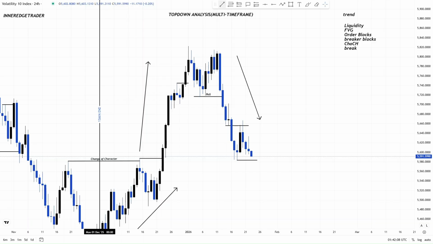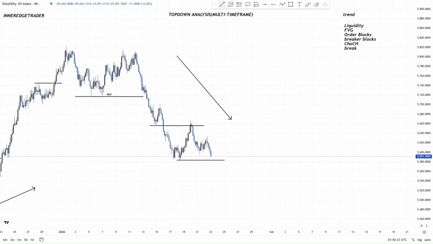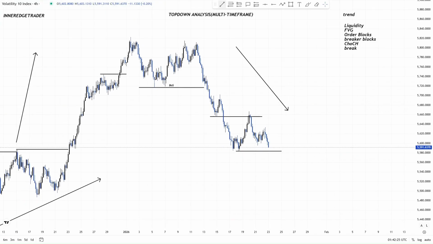So moving down to our 4 hours, we'll try to analyze it from the line I just drew now.